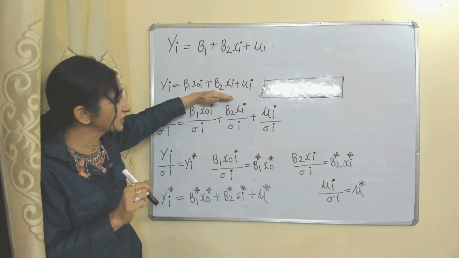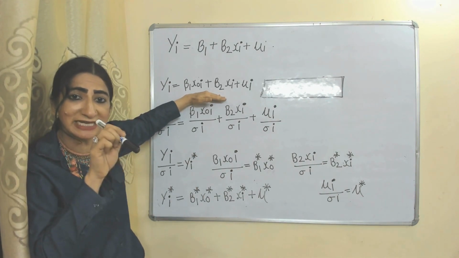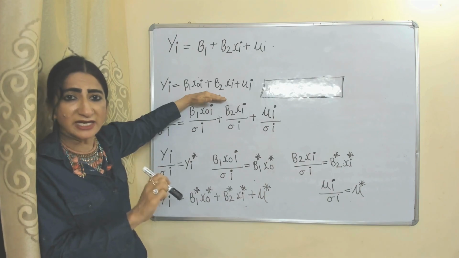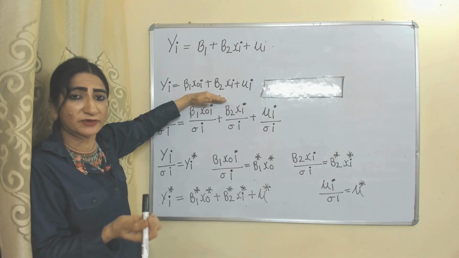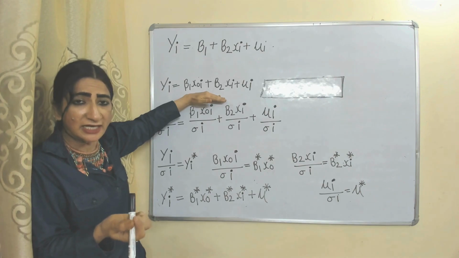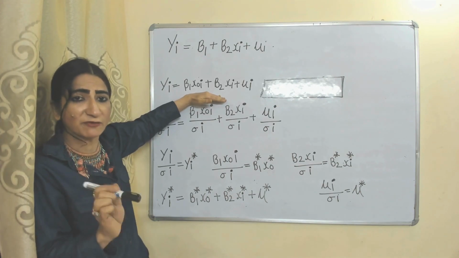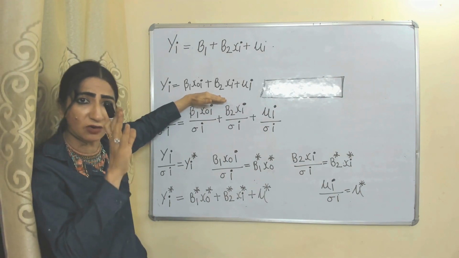But this equation contains heteroscedasticity, where the variance of the error terms is not constant. The main aim of the transformed model is to create homoscedasticity, where the variance of the error terms is constant.